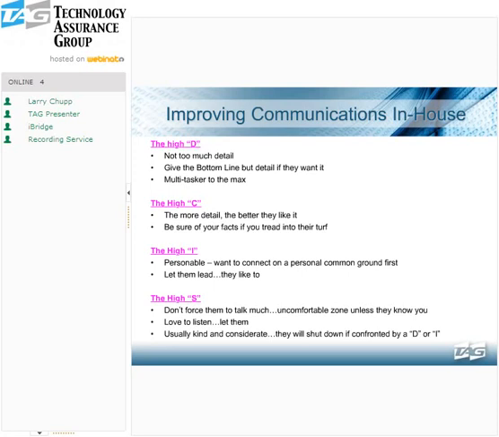An 84 is pretty high for an adapted style because, and I'm a high I as well, there's one thing in particular that we high I's love to do, and that is interrupt people. That's just what we do. That's just how we are. So I try and avoid that.